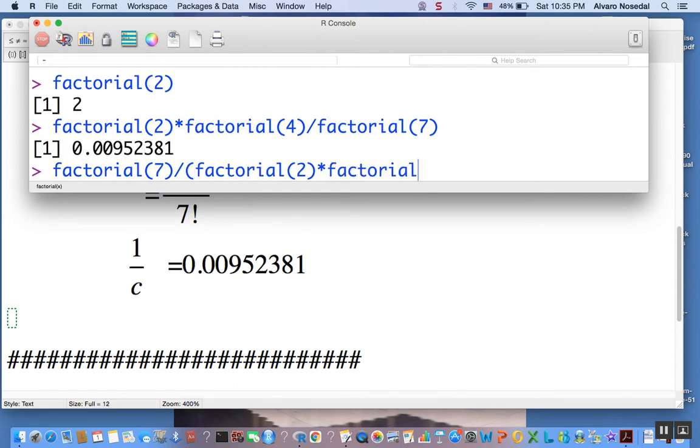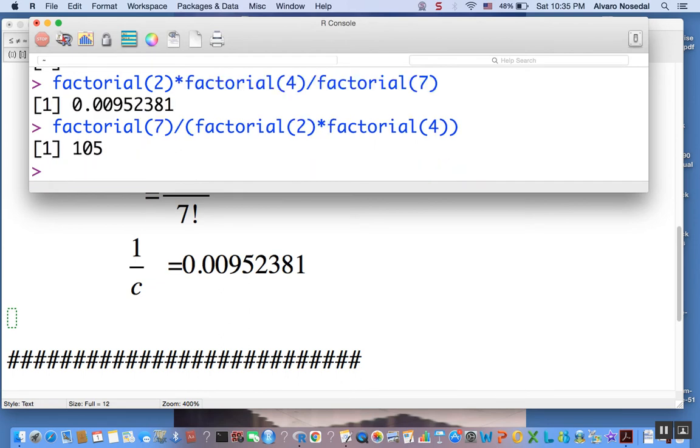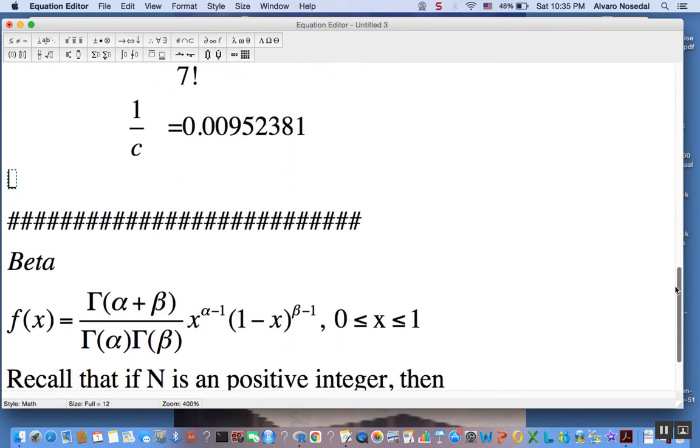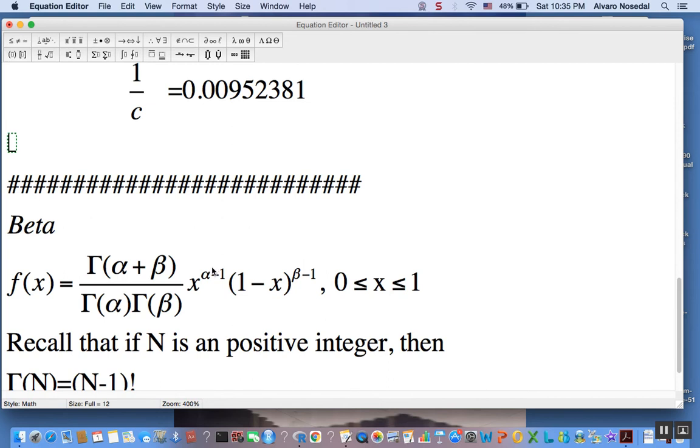But anyway, what I wanted you to see with that is that sometimes it's a good idea to remember those, we call them kernels, meaning the expression of a PDF up to a constant.